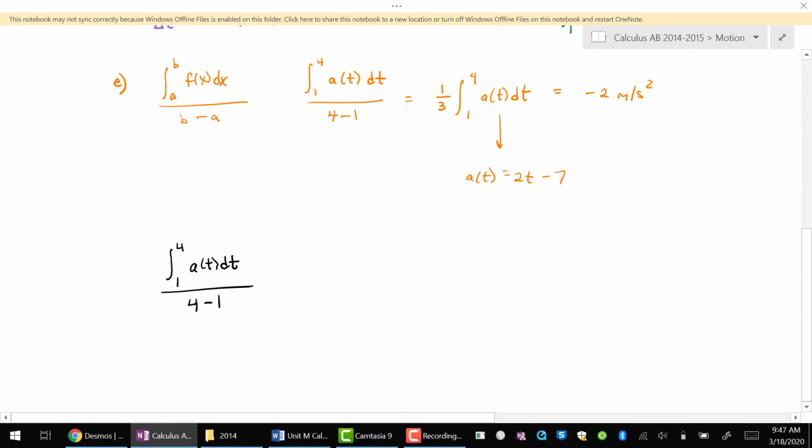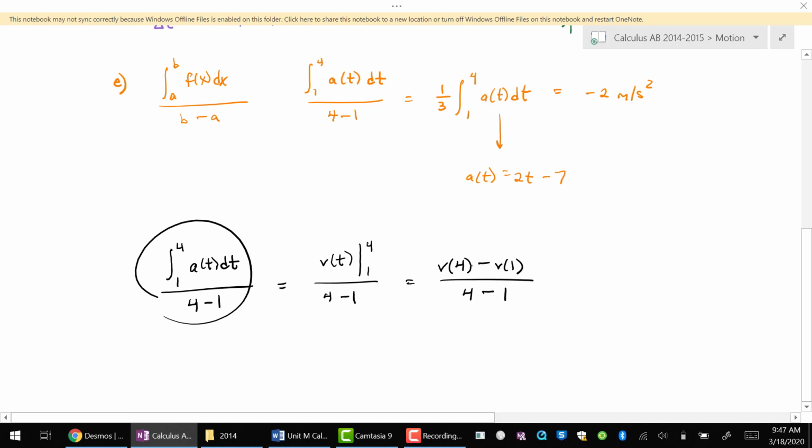There's an expression for the average acceleration of a particle from 1 to 4 seconds, but if I use FTC in the numerator, the antiderivative of acceleration is velocity, and if I plug in the upper bound and plug in the lower bound, using the fundamental theorem, I end up with this. Numerator expression divided by the denominator of 4 minus 1.